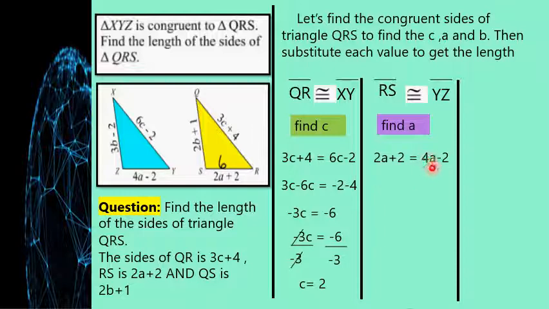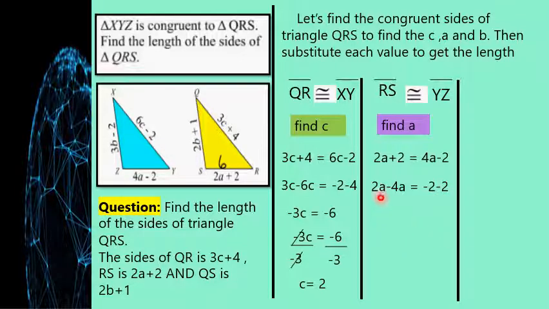This 4A, we need to transpose here. Or if you're going to use the property of equality, that is the subtraction property of equality, then it becomes 2a minus 4a equals negative 2 minus 2. The minus 2 is from here. Since we're going to transpose to the other side, it becomes negative 2. This is the subtraction property of equality because of the negative, or subtraction.